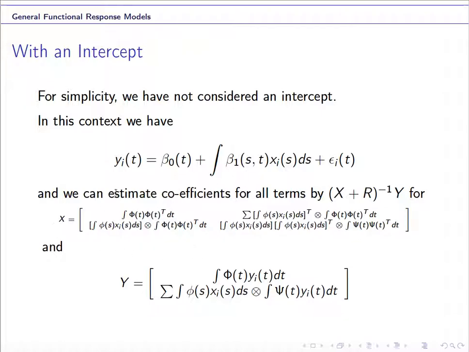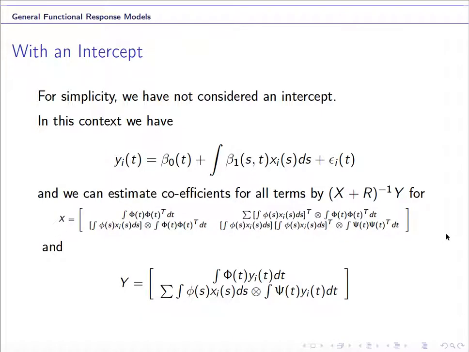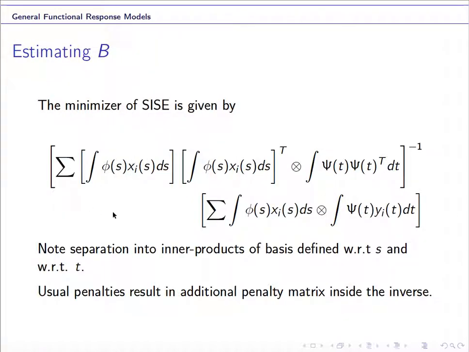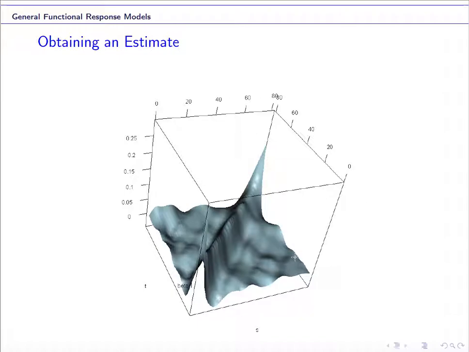So you will rearrange this x and y by these definitions, and then the estimation will be very similar. The formula will be very similar to this formula. We will not go through the details. So this is the estimation.